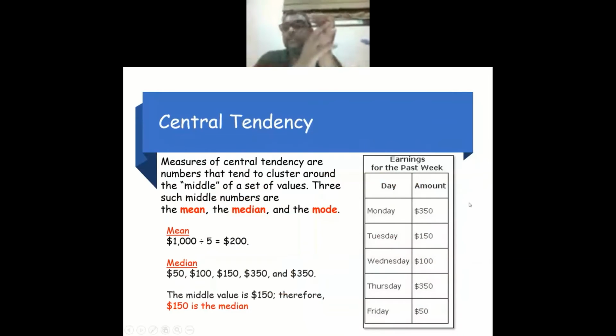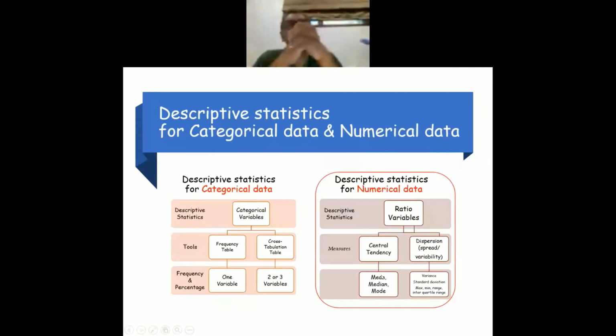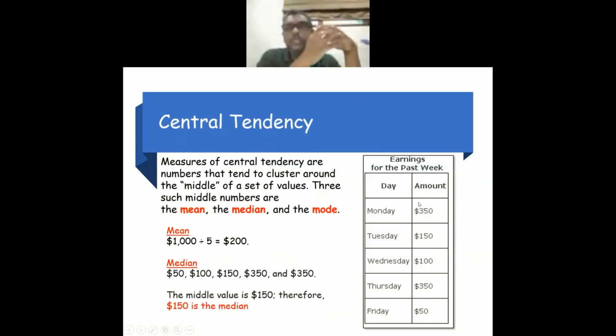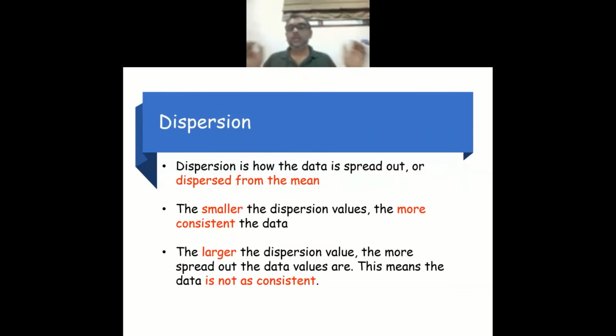So let's look at central tendency under ratio variables. Central tendency means you are merely getting the mean, mode, and median. Very straightforward. Dispersion: you want to see how much dispersed your data is.